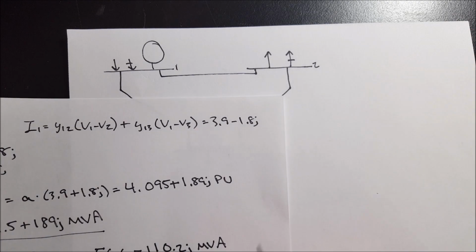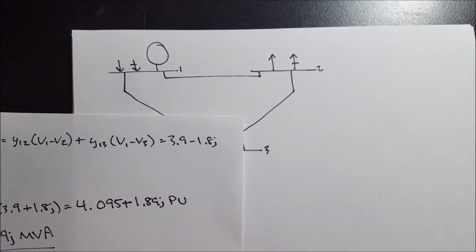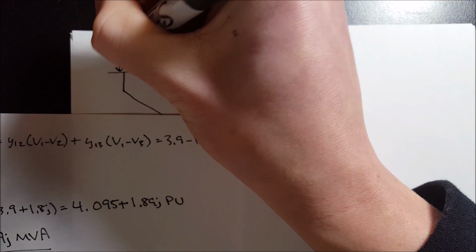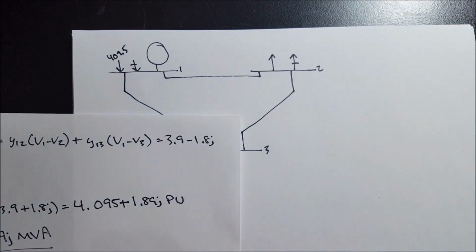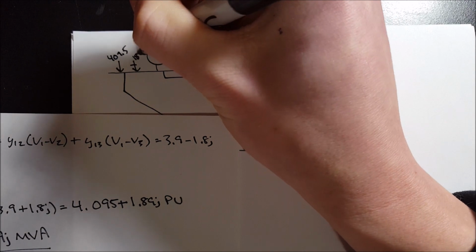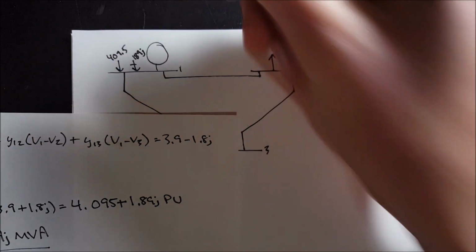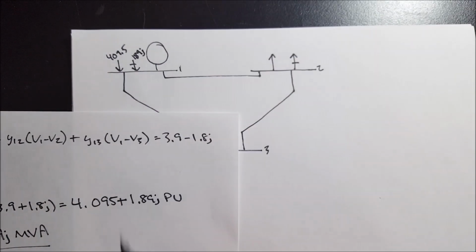Our S1 real is 409.5 and our imaginary is 189J, and these are both in MVA.